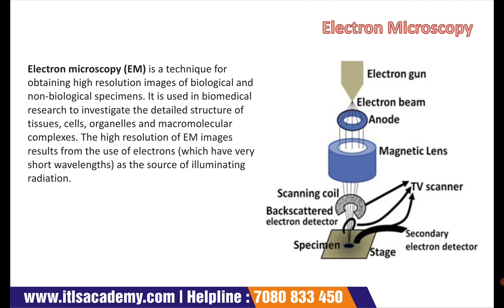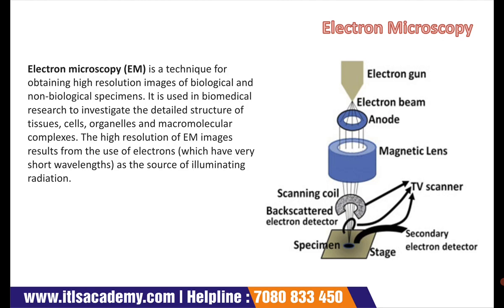It is used in biomedical research to investigate the detailed structure of tissues, cells, organelles, and macromolecular complexes. The high resolution of images results from the use of electrons, which have a very short wavelength, as the source of illuminating radiation.